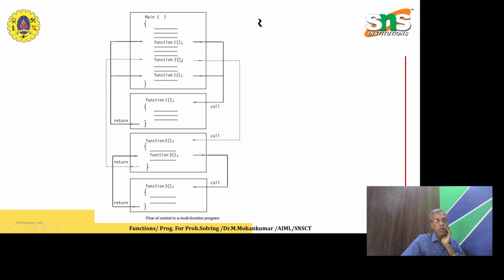Suppose it is function 2, then it automatically comes to here. Then function 3 is in the program itself, and function 3 will be written there. Here we denote call and return using some keywords. It is call by value, call by argument, like that we will differentiate, and we will discuss those things in a later session.